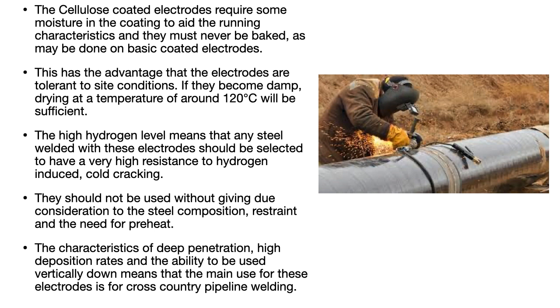Since these particular electrodes require some moisture in the coating, they are not baked. Baking is a process where, in order to ensure a high quality weld, or to ensure that hydrogen cracking or cold cracking is not produced, we put the electrodes in an oven and bake them to a predefined temperature specified by the manufacturer of the electrode.